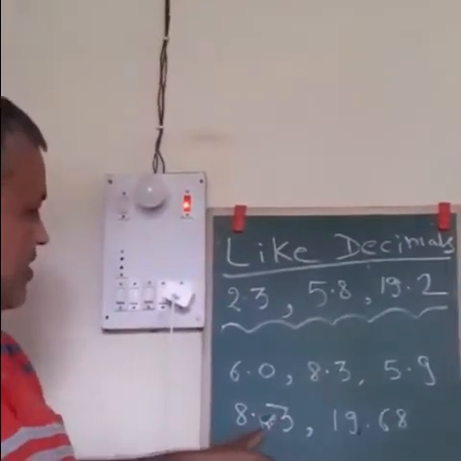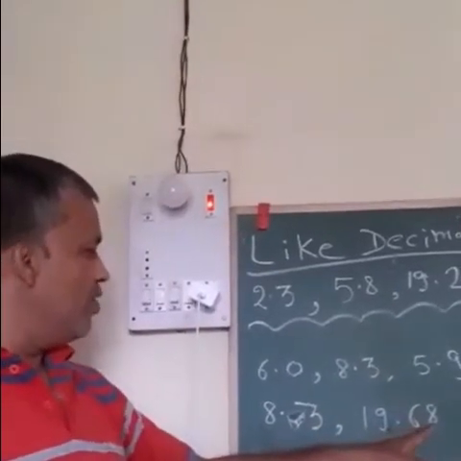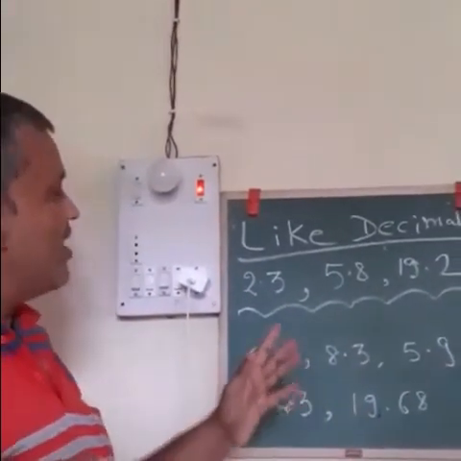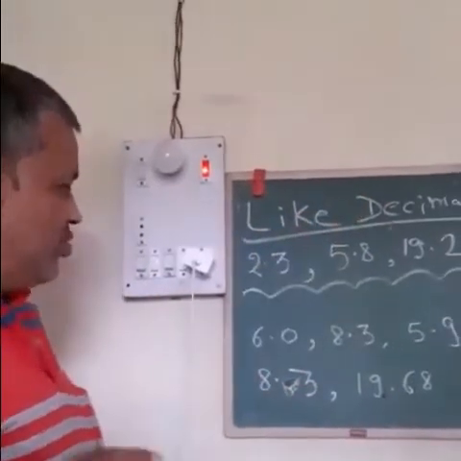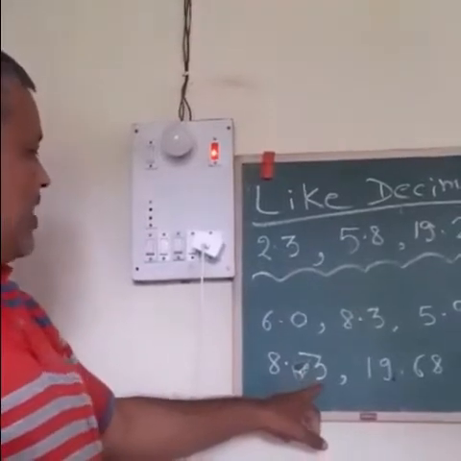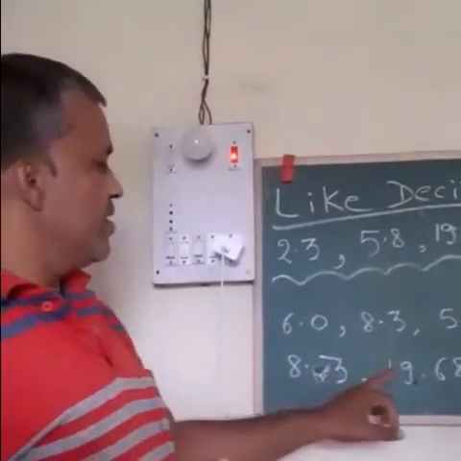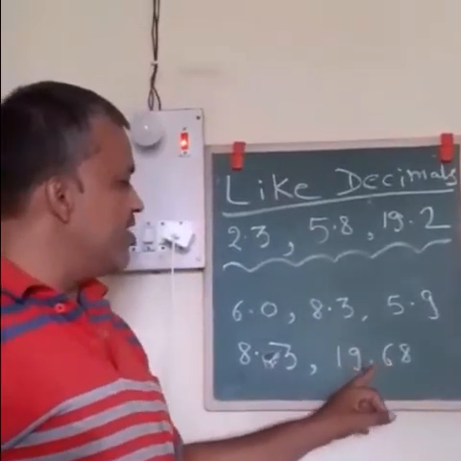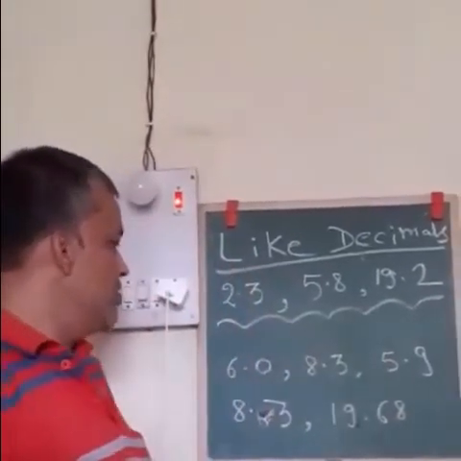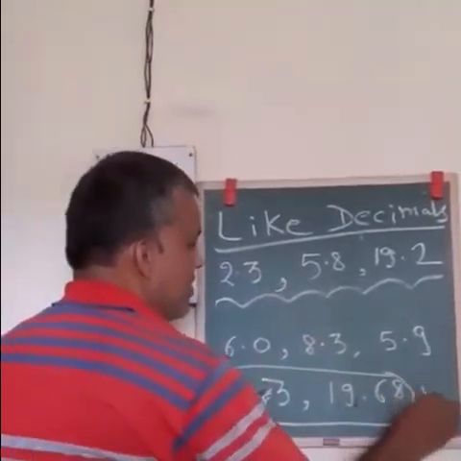Are the numbers given on this blackboard like decimals? We see here the digit at the right side of the decimal is 1. Here the digits at the right side of the decimal are 2. So this is not an example of like decimals.